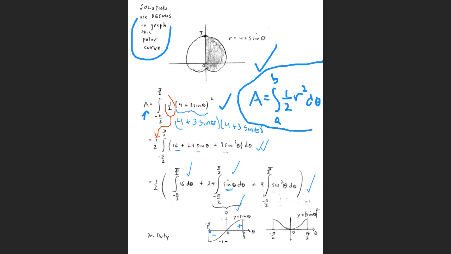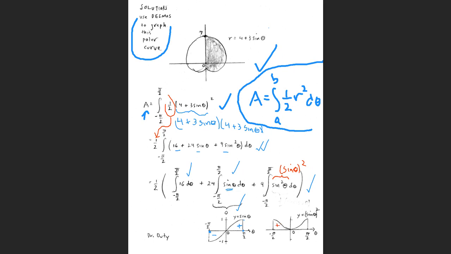Now the third integral is sine squared theta. Well, sine squared theta is the same as sine of theta squared. If I look at a graph of sine of theta squared, that is symmetric about the y-axis.